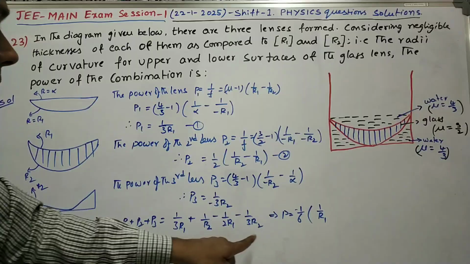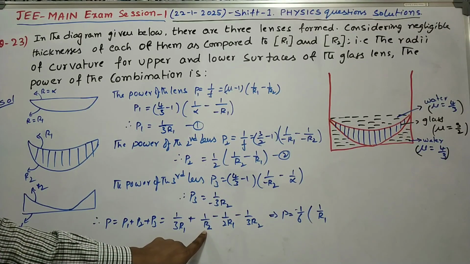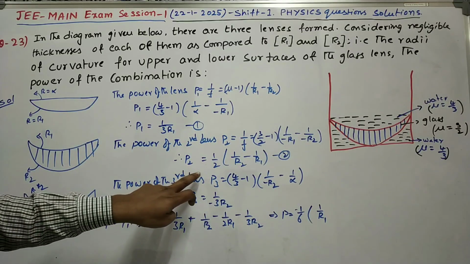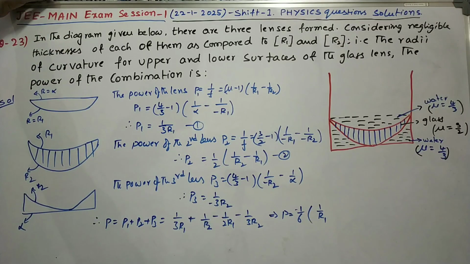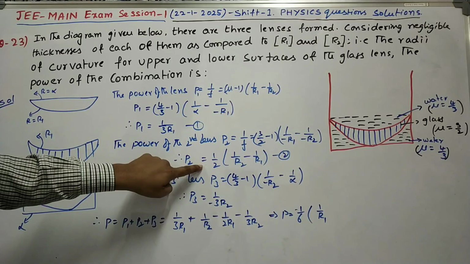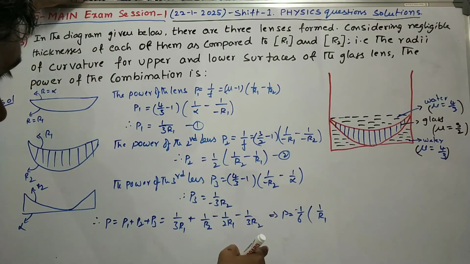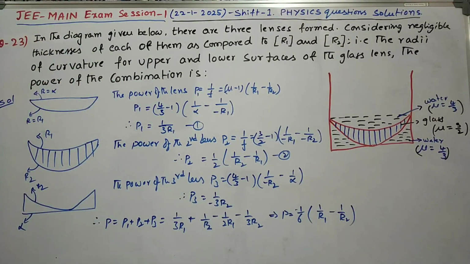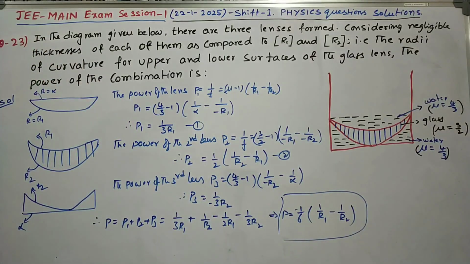So P is equal to 1 by 6 of 1 by R1 minus 1 by R2, and here also this is R2. So this is the power of the combination of these lenses. Okay, right.